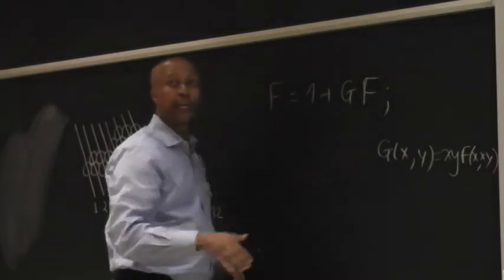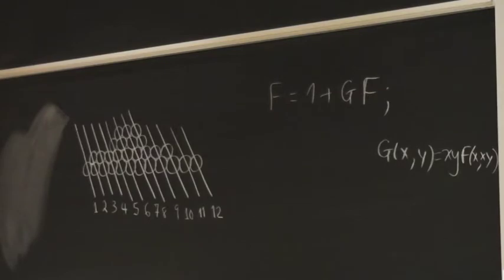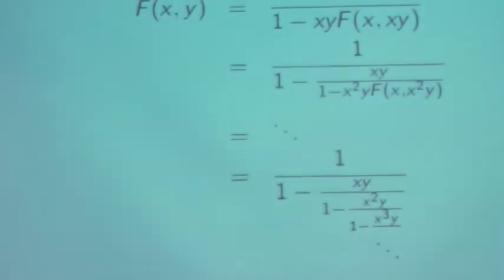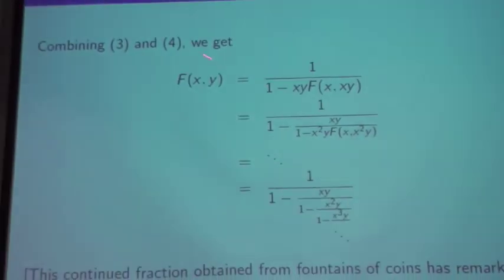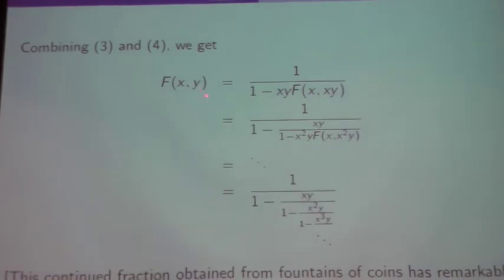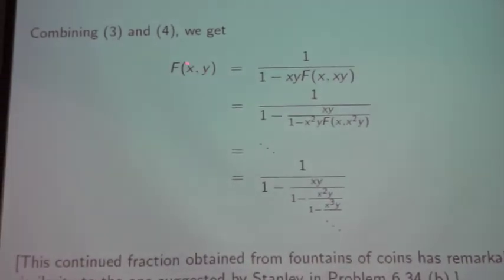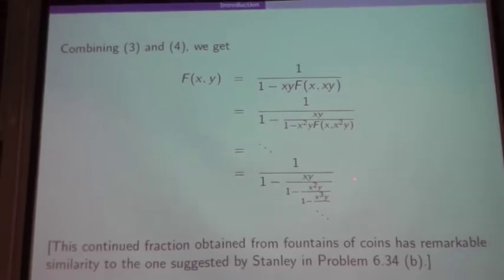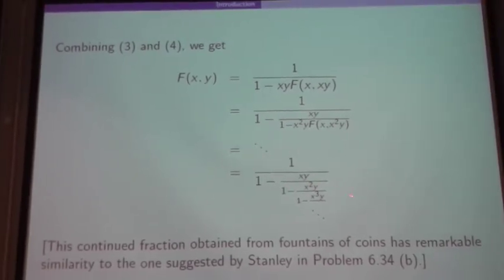You combine these two together, then it's not difficult to see that you're going to be getting this form of continued fraction representation for f of xy. So this is the two-parameter ordinary generating function for the Kn fountain of coins. And then by putting together the two equations, you see that the generating function satisfies this continued fraction form.